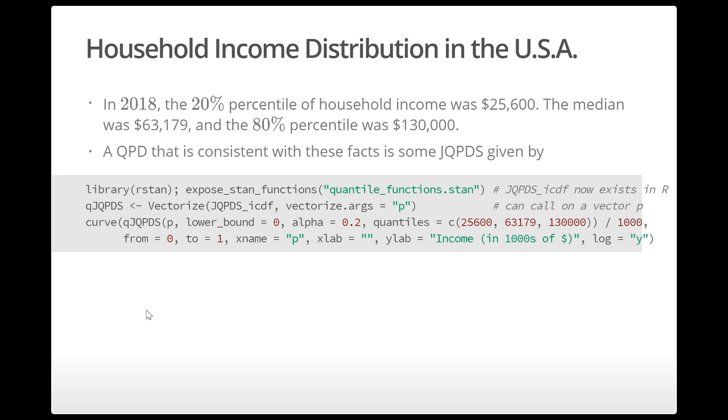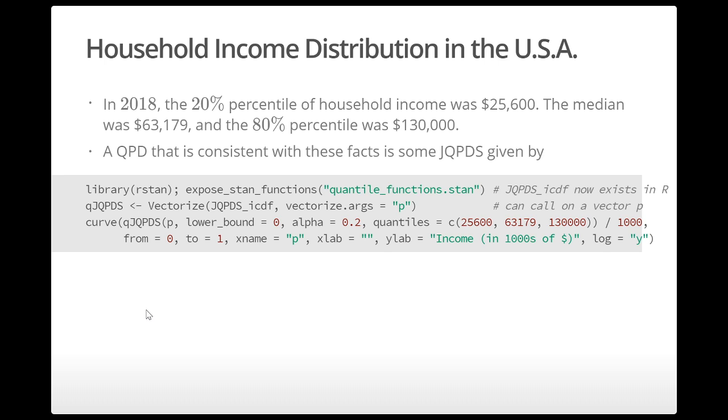Only difference, instead of having a bounds argument that is a vector of size 2, we just have lower bound as a scalar, 0 in this case. Also, we have the 20th percentile and the 80th percentile, so I specify alpha equal 0.2 rather than alpha equal 0.25, which we did previously, but that's still fine.